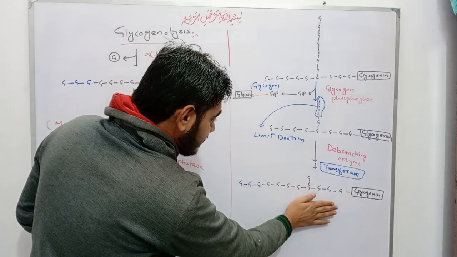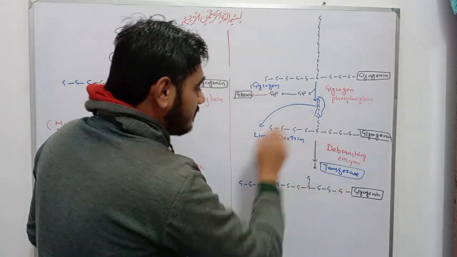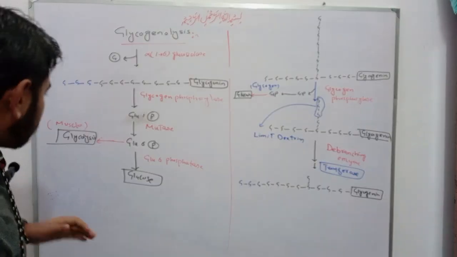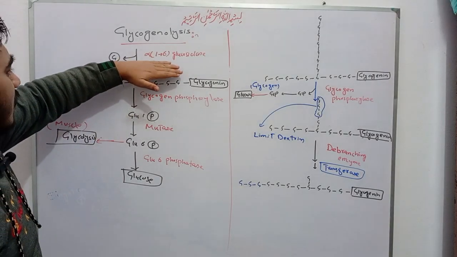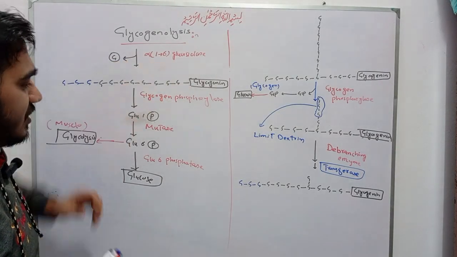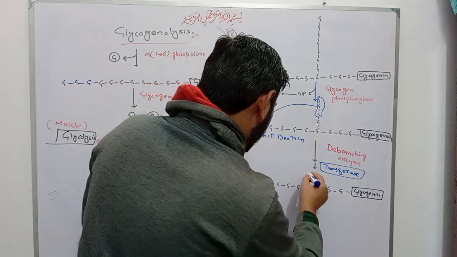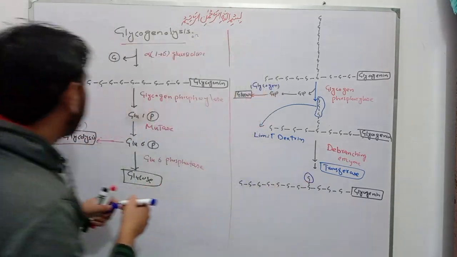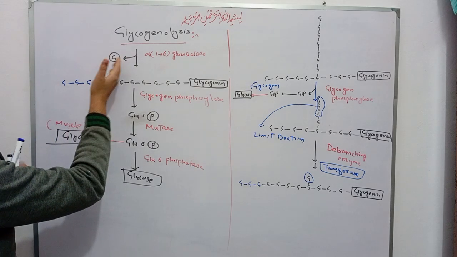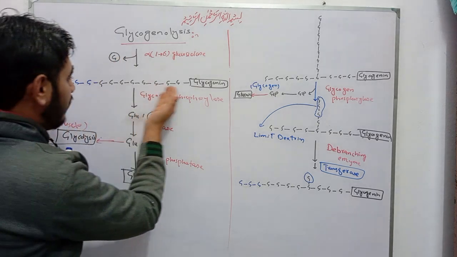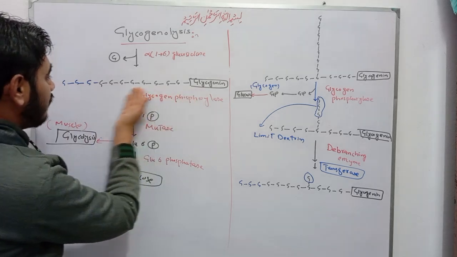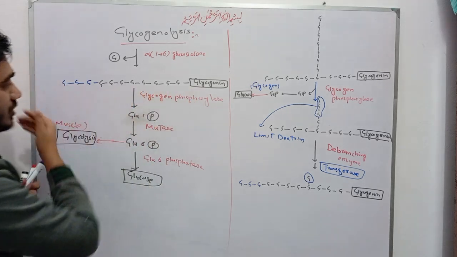And you can see this is the transferase activity of the debranching enzyme. Next, with the help of alpha 1,6 glucosidase activity, there is removal of this glucose molecule, and this glucose molecule gets released, and there is a formation of a linear chain of glucose or linear chain of glycogen.